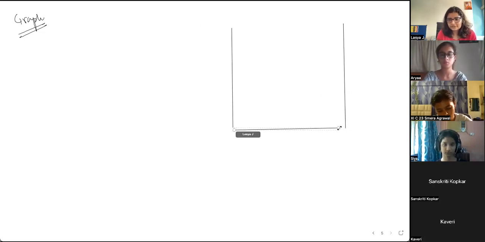Okay, just going to adjust this. So on the x-axis we'll take the mole fraction.